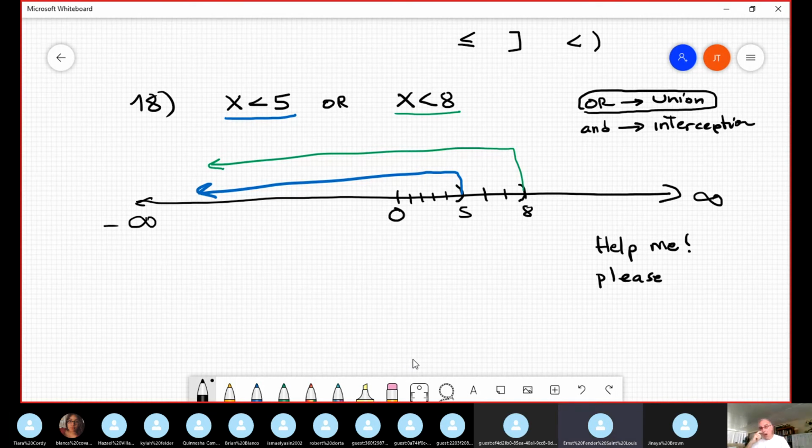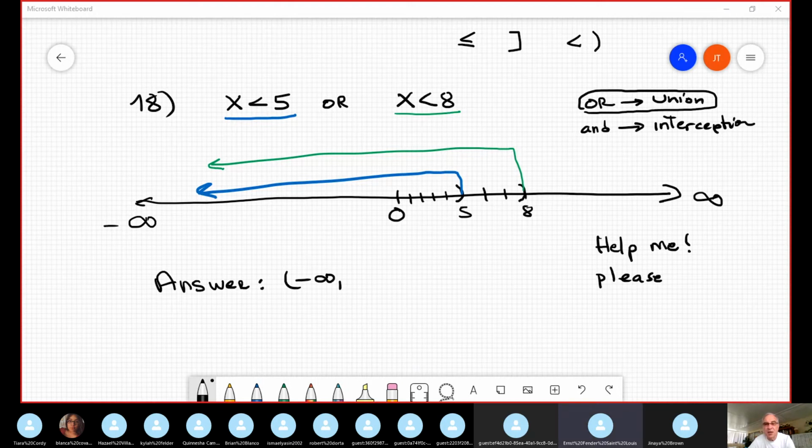The answer is minus infinity to 5, or minus infinity to 8? Everyone agrees with 5? Using the chat, raise your hand. The people who believe it is 8.